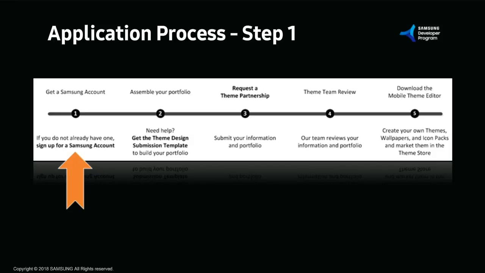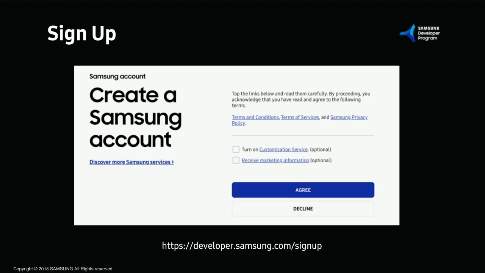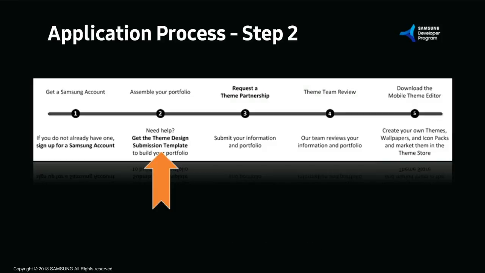If you're not familiar with the application process, one of the first steps is to create a Samsung account. For the second step, you have to assemble your Samsung theme portfolio, and in the next slides I'll go into more detail about what that is.